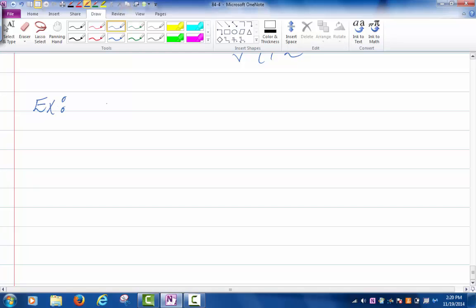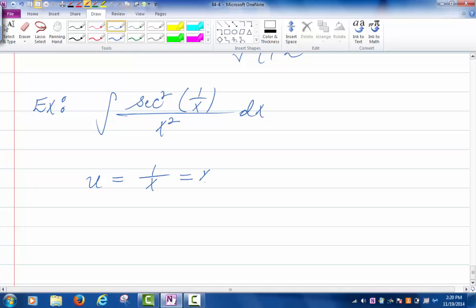Let's say I have the integral of secant squared of 1 over x divided by x squared dx. So how would you pick u in this case? What's that? Yeah, 1 over x. And that's the same as x to the negative 1.